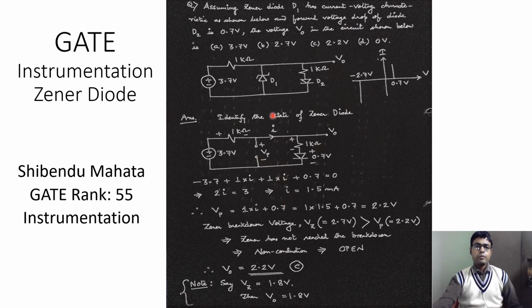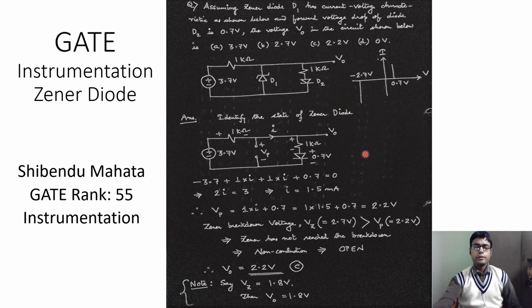If the Zener diode was present here, it would be somewhere around this point, negative 2.2 volt. But in order to reach the reverse breakdown region, you have to push it to about 2.7 volt. Because Vp is less than Vz, which is equal to 2.7 volt, this Zener diode has not moved into the reverse conduction mode. It is somewhere over here, and so the current through the Zener diode is zero. So it is in reverse non-conduction mode.